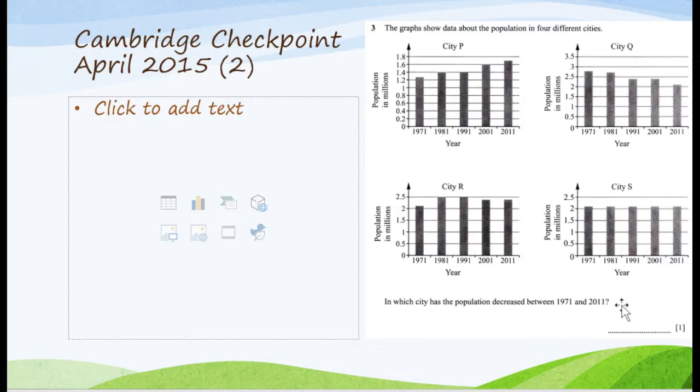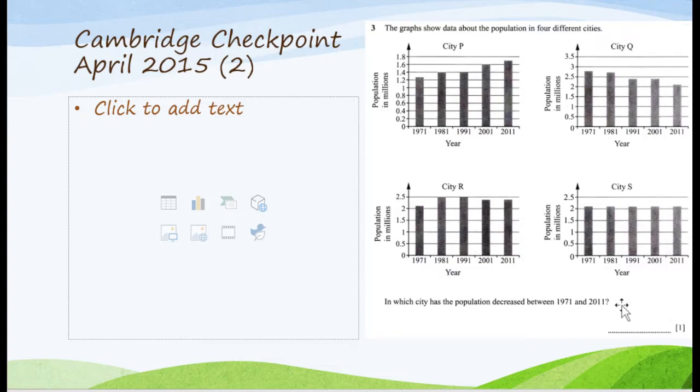In which city has the population decreased between 1971 and 2011? So now you think decrease. It means the population is getting lower per year.